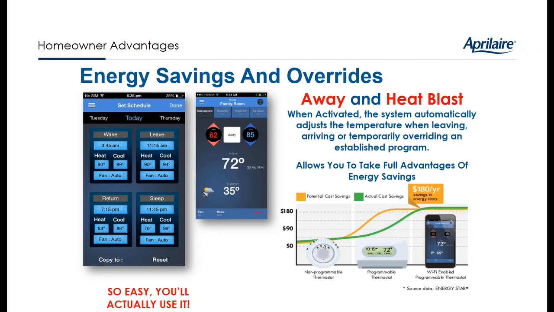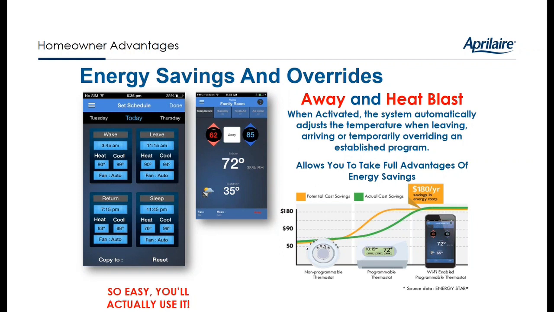Two features that I want to talk about are the away and the heat blast. The away is a really nice way to set your thermostat or your thermostats into setback, into the unoccupied mode. These are programmable thermostats, so typically you've adjusted the schedule to match your comings and goings. If you're deviating from that schedule, of course, you can always put it into a hold, but the away is an option right through the app.